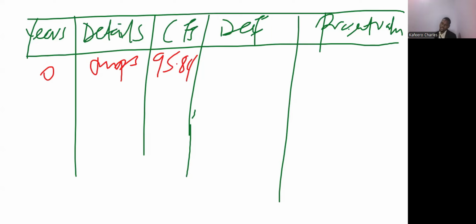We need to adjust the rate to make sure that we get a lower value. So we are going to increase the rate. This is trial and error. If you get it wrong, then you keep on trying. So maybe we can take like 10%. This is 1 point.